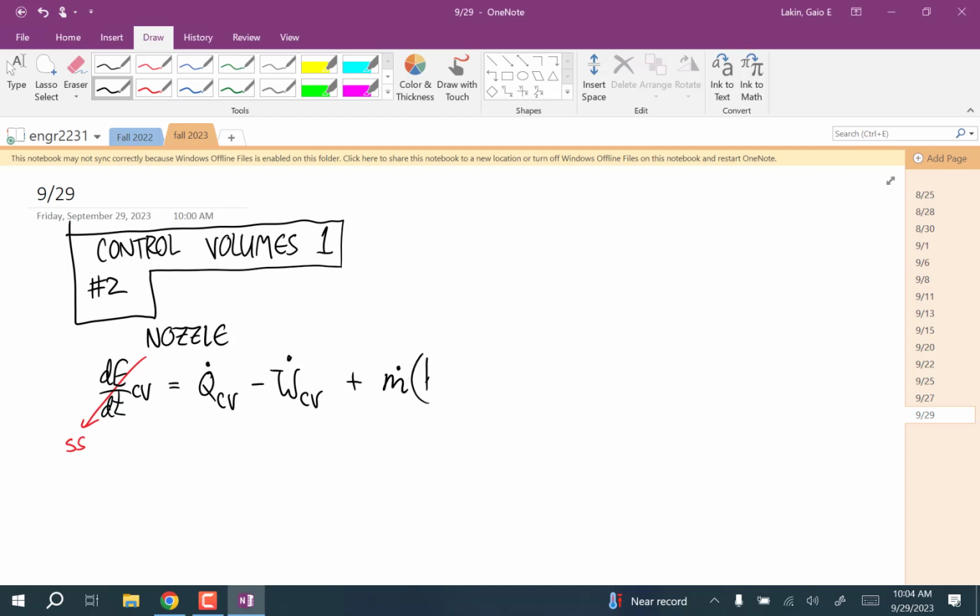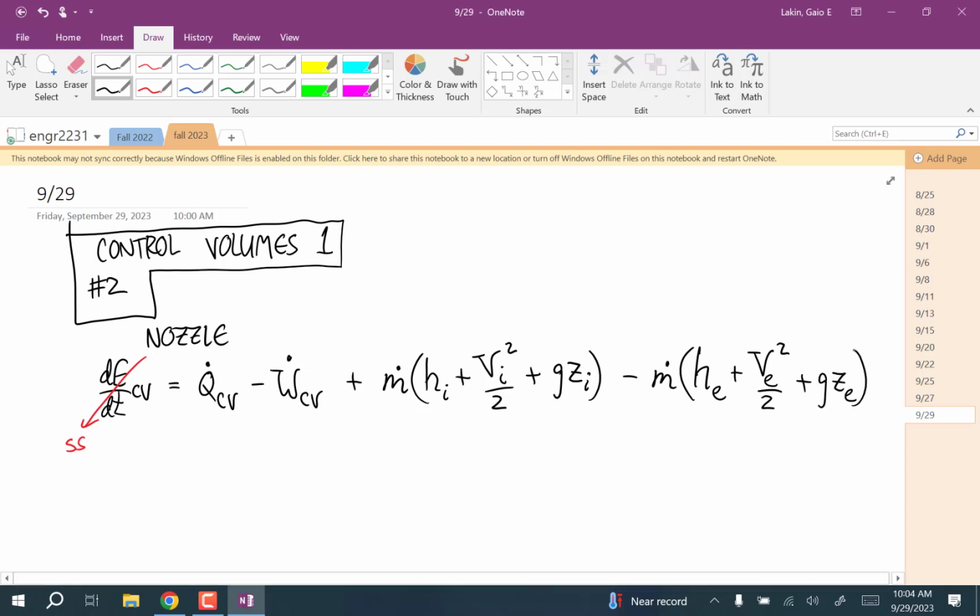So m dot times the enthalpy at the inlet plus the speed at the inlet squared over 2 plus gz at the inlet, minus m dot times the quantity h at the exit plus speed at the exit squared over 2 plus gz at the exit.